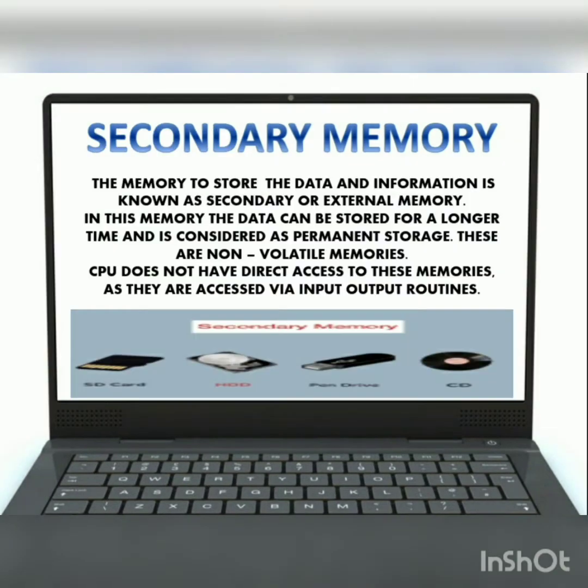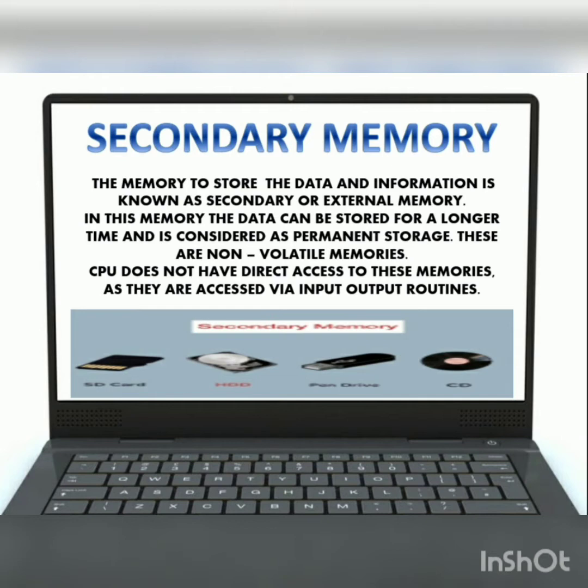Now let's discuss what is a secondary memory. Kids, secondary memory is the type of memory that is also known as external memory or non-volatile memory. Non-volatile means any data that you are working upon will never get erased if you switch off the computer system. External means that it is outside the computer system.